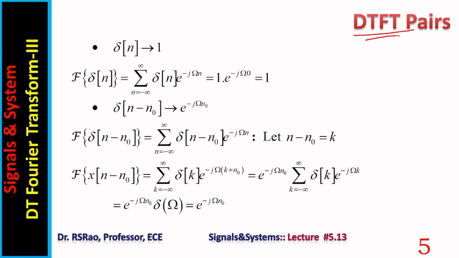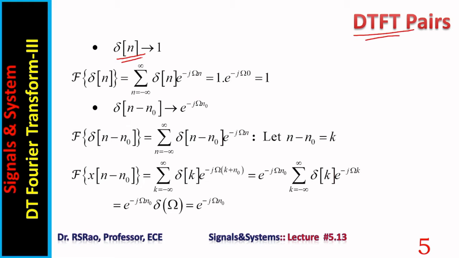Now we move to the core topic of this session. We consider finding the DTFTs of certain standard or common signals. We begin the session with the signal δ(n), the impulse function, Kronecker delta function.